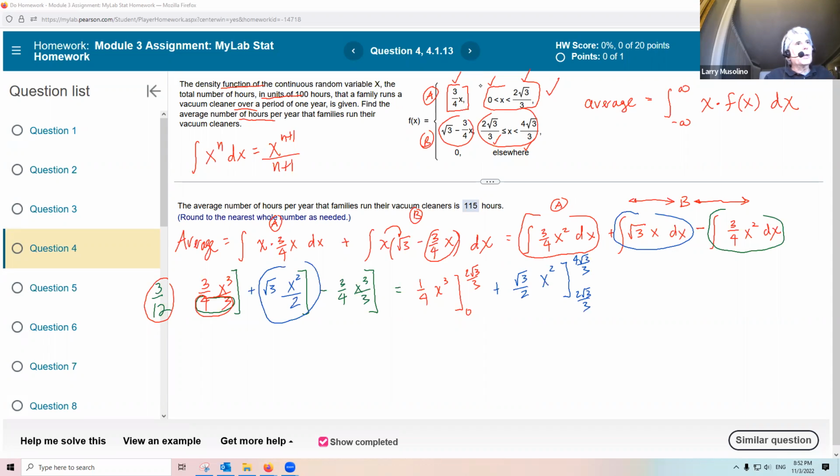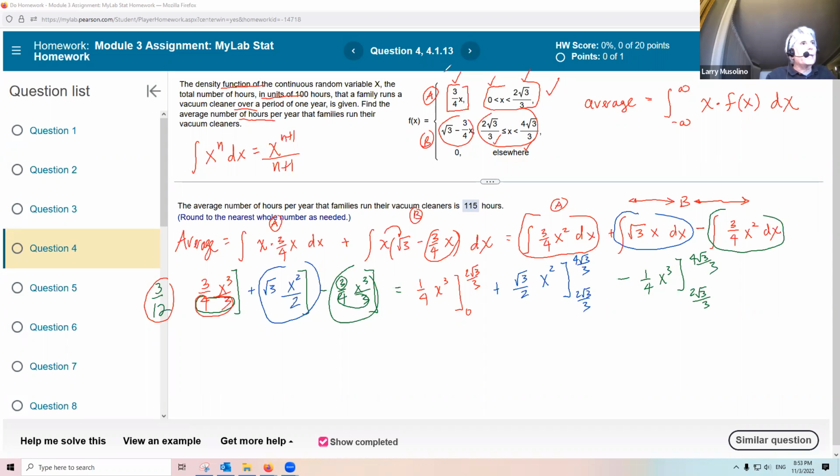And the last one is this guy right here. Again, I'm going to multiply 4 times 3. That's 12. Then 3 over 12 is 1/4. So this is going to be minus 1/4 x to the third. And the limits here are again 2 square root of 3 over 3 and 4 square root of 3 over 3. All right, this is messy, but let's keep going.